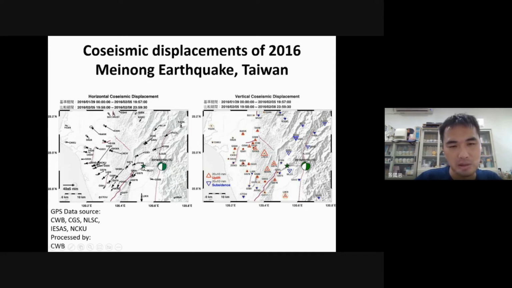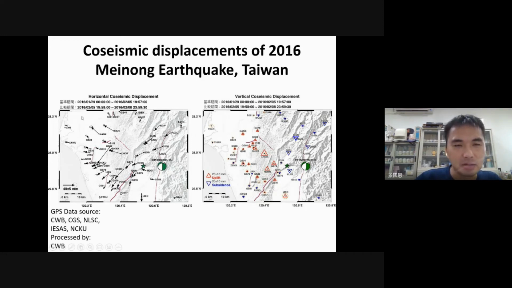Because usually the largest displacement may occur at the source area, and the pattern, the direction of the movement, is systematic, like this. If it goes in this direction, southwest direction, then everything just goes in this direction.